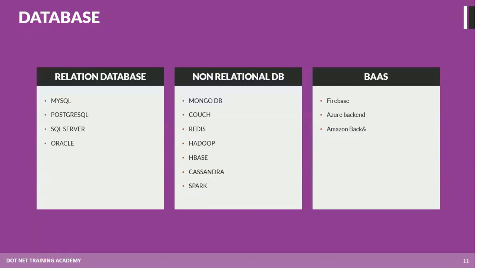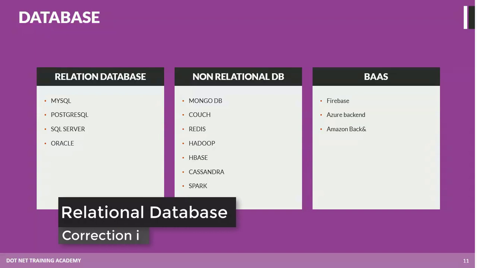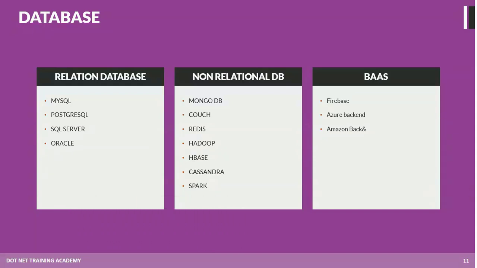In a relational database, a table is related to other tables. They can be related one to many, many to one, one to one, or many to many. But in a non-relational database, there is no relation between them. It's all like tree-based structures.